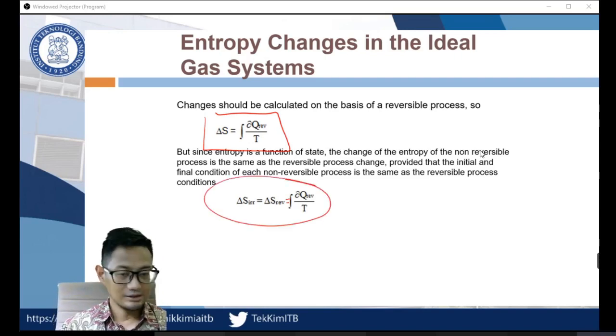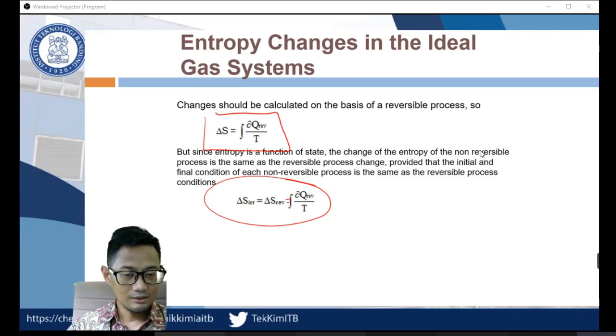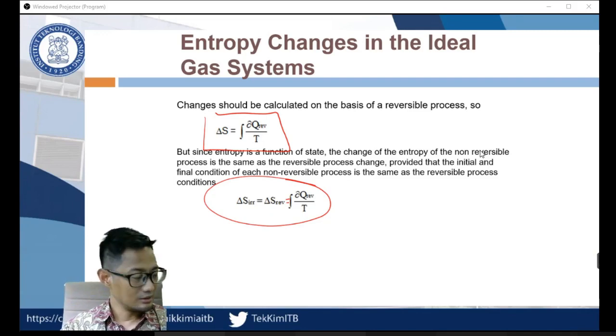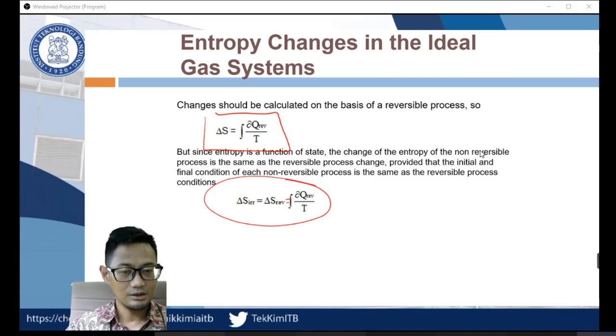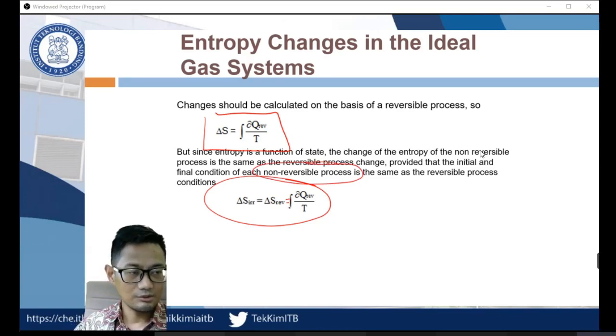Why do we have to understand this? What we calculate based on thermodynamics is always reversible heat. Okay? When you have a non-reversible process, you need to measure the amount of heat.